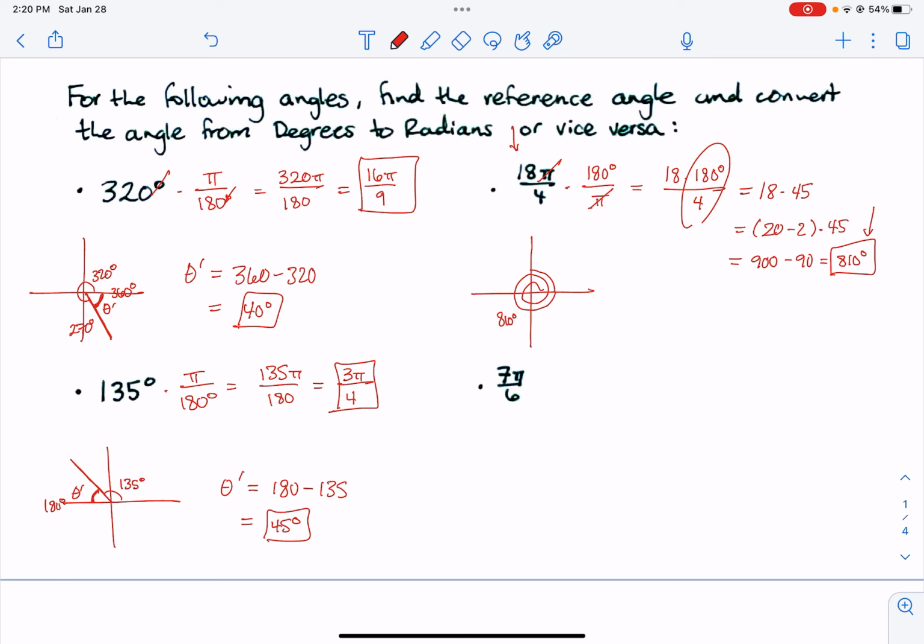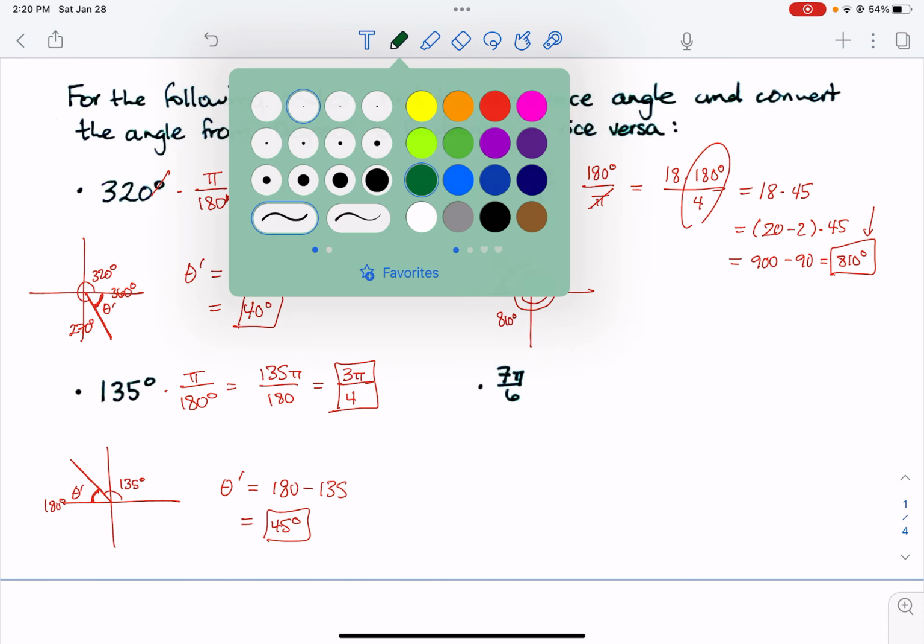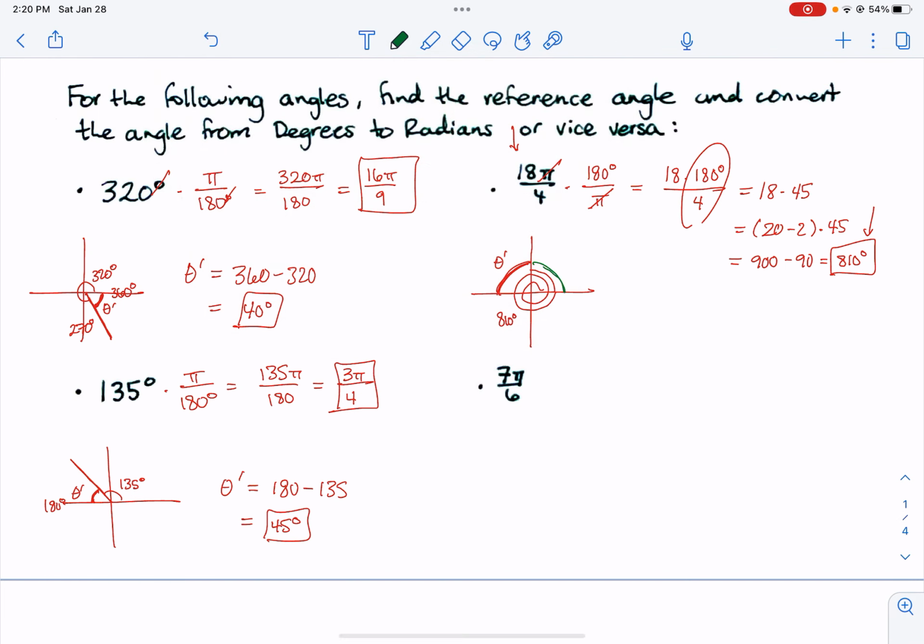All right. What's the reference angle? Well, you can actually go to the left towards the x-axis or to the right, because both directions are going to give you a reference angle of 90 degrees. This is my reference angle. Or alternatively, you could go the other way too. I'll put it in a different color. Doesn't really matter. You're going to get the same answer regardless.